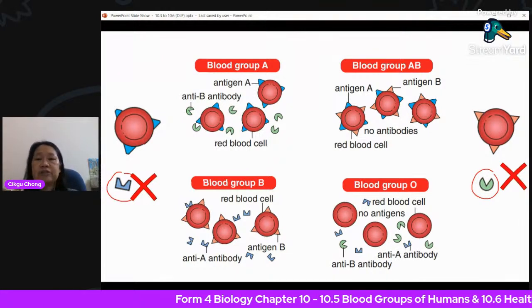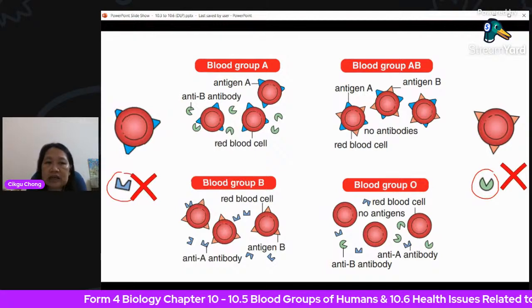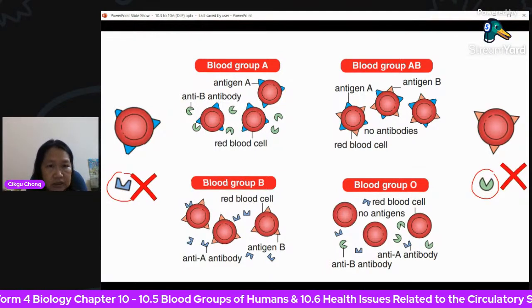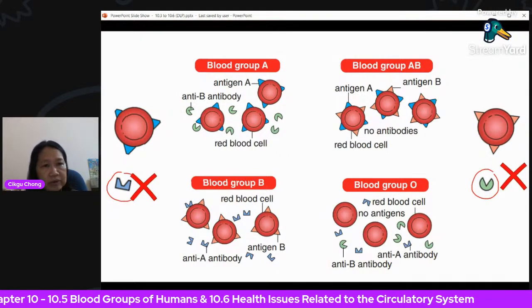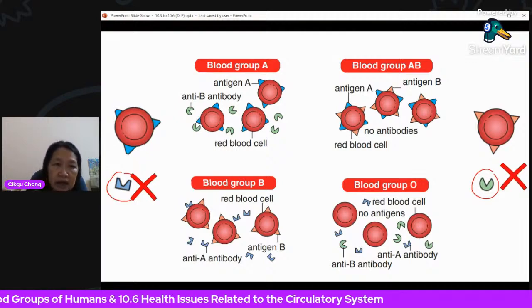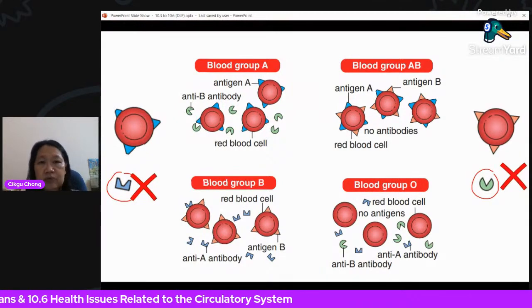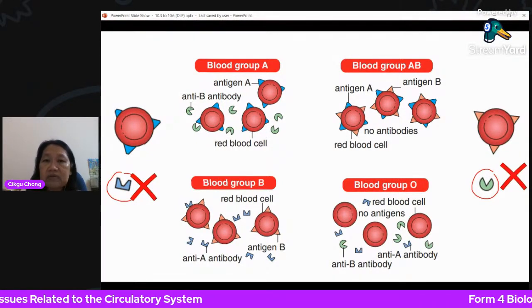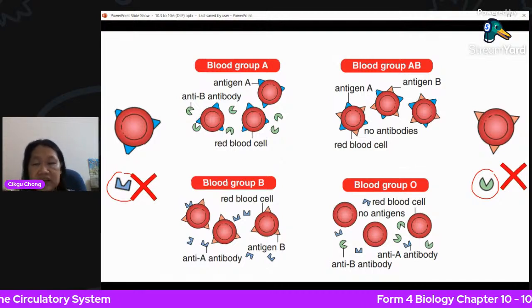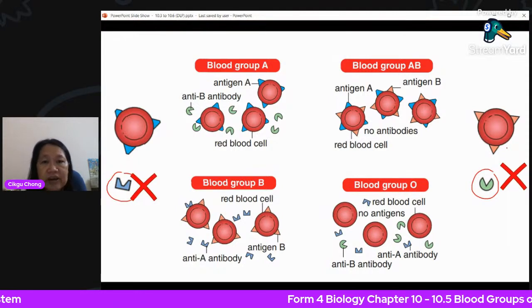So basically you need to remember that your antigen cannot meet with the antibody. Antigen A cannot meet with antibody A. Antigen B cannot meet with antibody B, but it can have the other antibody. Clear with this?